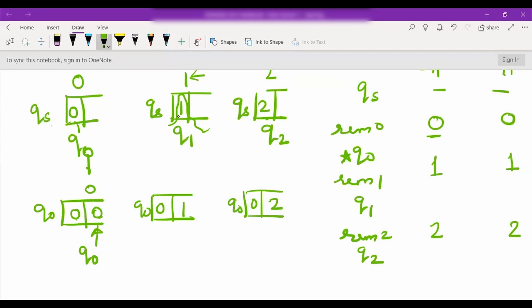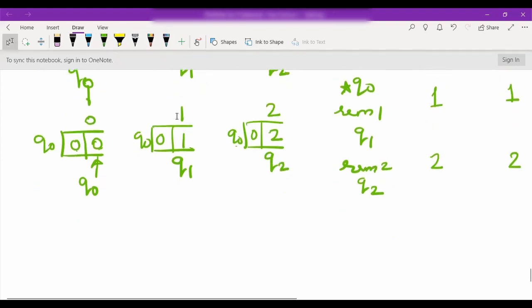When we are having 0, 1, it's nothing but your number 1. Number 1 is not divisible by 3, leaving the remainder 1, going to the state Q1. When Q0 has the next bit as 2, so what is the case? The number 2 is generated. Number 2 is not divisible by 3, leaving the remainder 2 and going to the state Q2. So this Q0 state is considered.